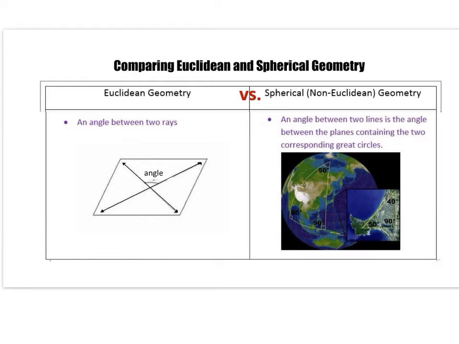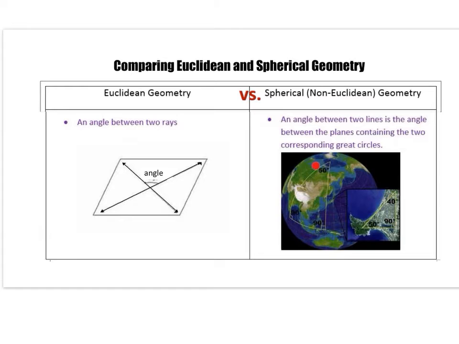Alright, let's compare angles between the two geometries. For Euclidean geometry, an angle is between two rays. So if I have a ray here and a ray there, then I've got an angle in between, again on a flat surface. An angle between two lines in spherical geometry is the angle between the planes containing the two corresponding great circles.